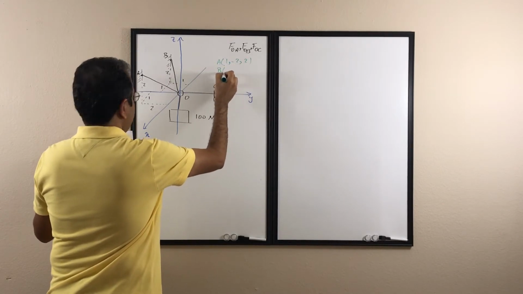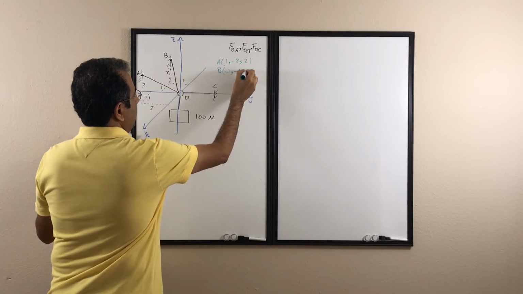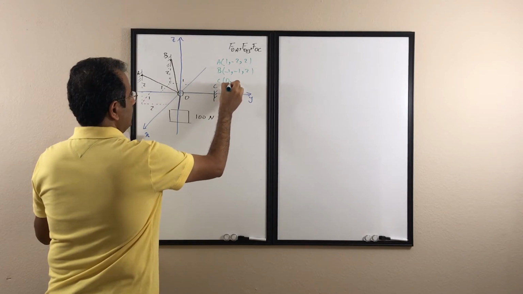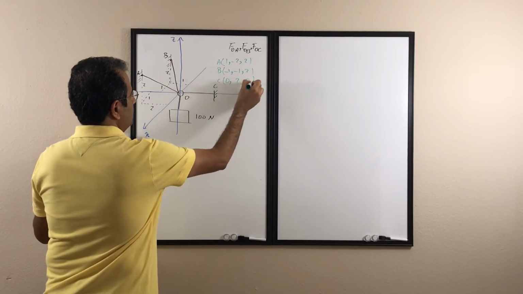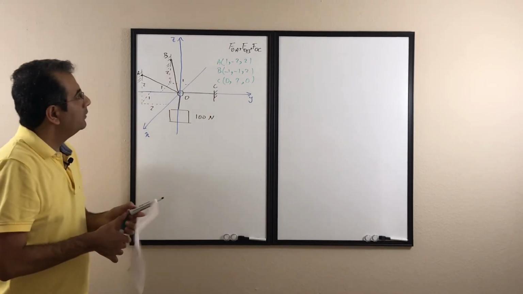And for point B it is -1, -1, and 2. And for point C, we know that it has 0 x, 0 z, and we don't know the y value.